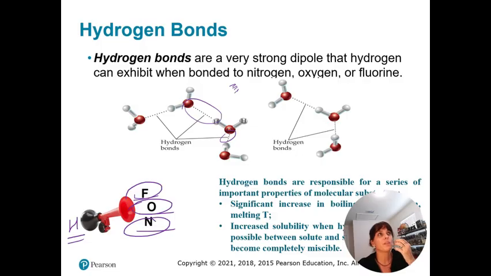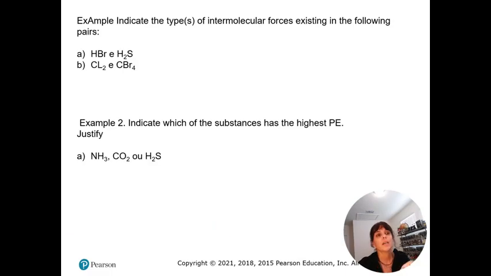For example, if you have iron in a solution and the iron has a stronger bond with the solution, then it will be miscible easily, becoming completely miscible. And if you have hydrogen bonds, you have a significant increase in boiling point. This is why water boils at 100 degrees Celsius, okay?